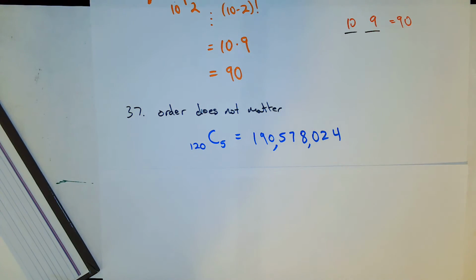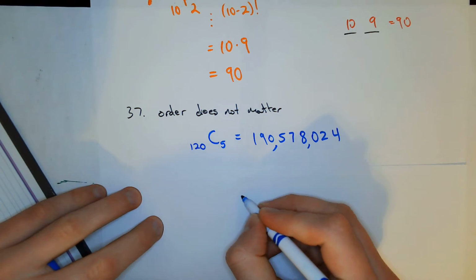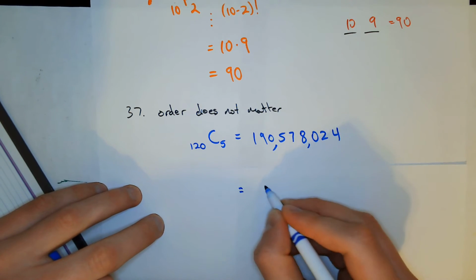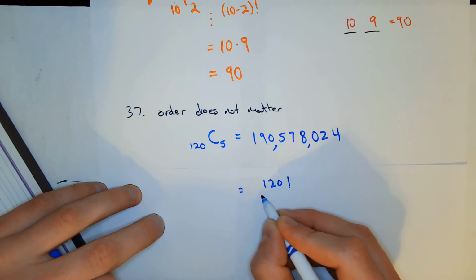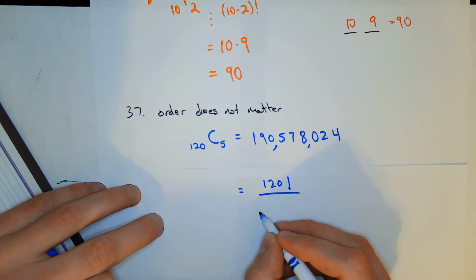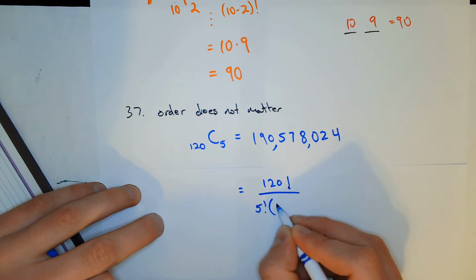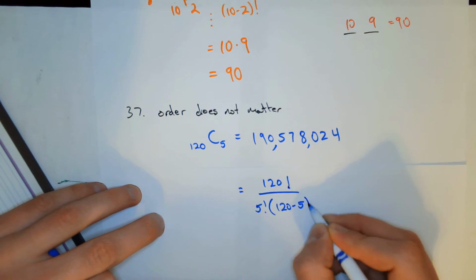All right, I want to talk a little bit about why something like this might be important. Oh, and how do you do this without a calculator, or if you don't know how to do it on your calculator? So we would say 120 factorial over 5 factorial times 120 minus 5 factorial.